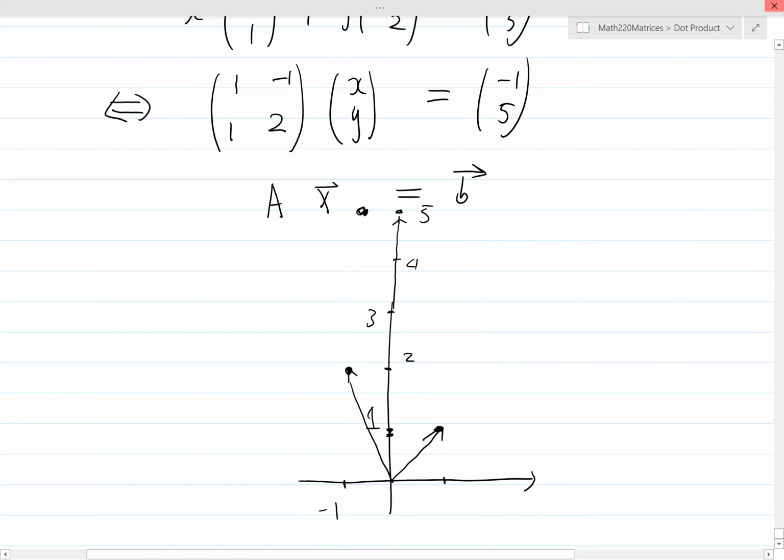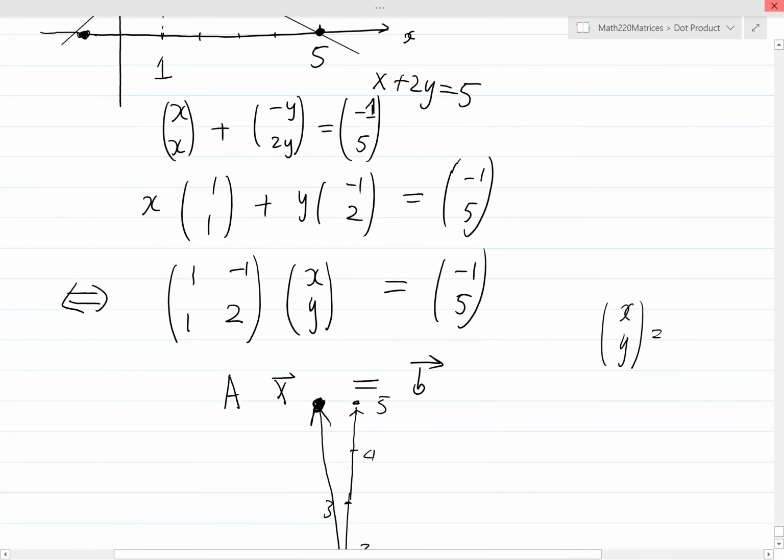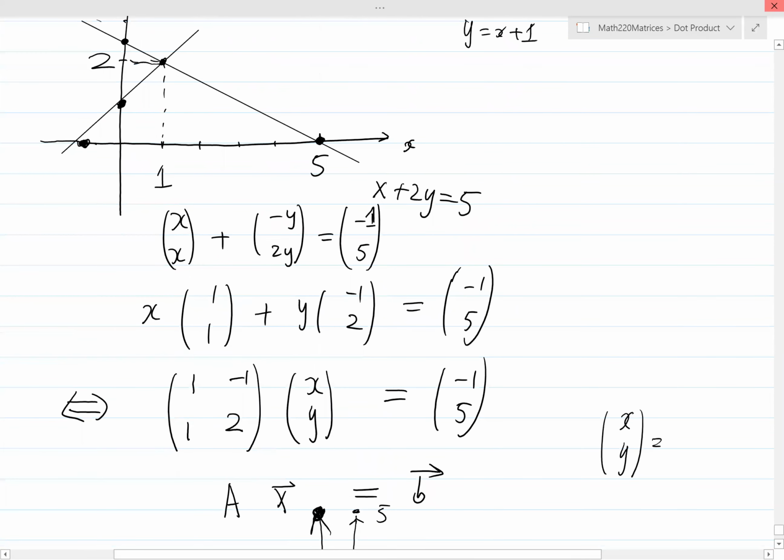Now, we already know the solution (x, y), and it's very easy to check that x, y is (1, 2).